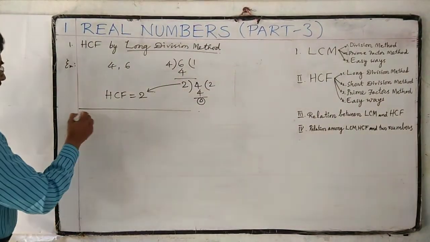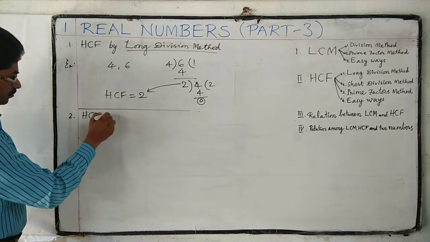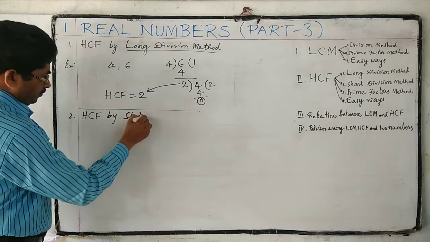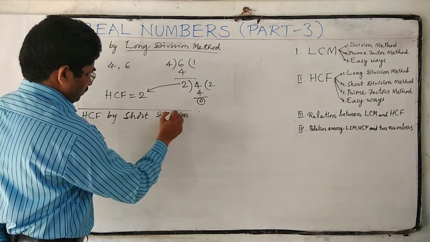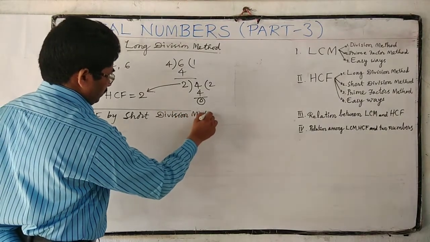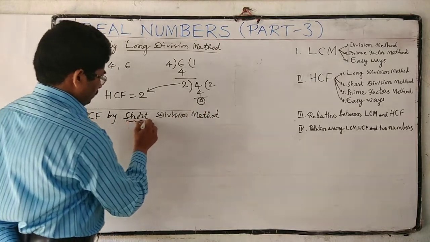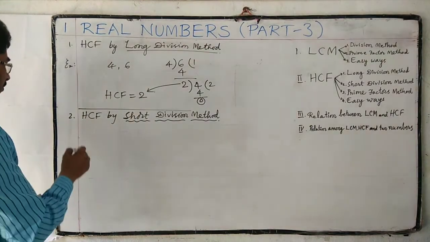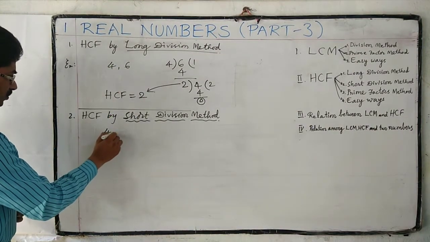So, HCF by short division method. In this short division, 4, 6.